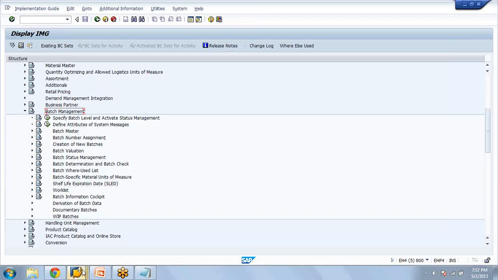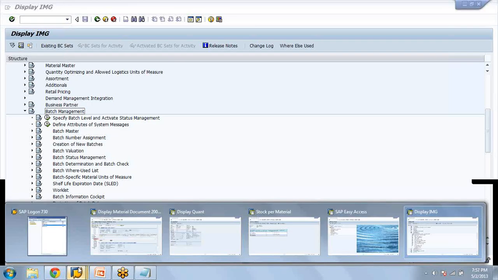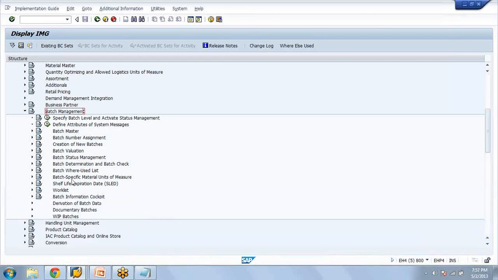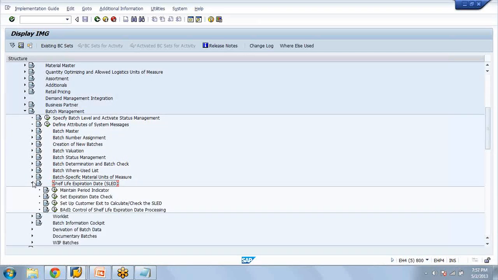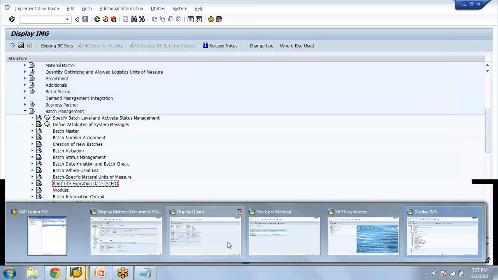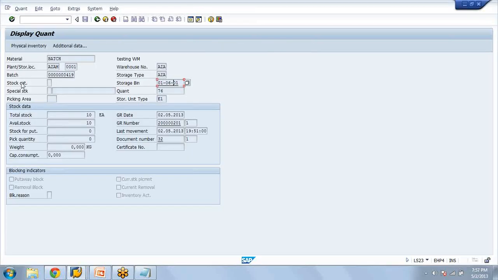Okay, and the SLED and all is coming under batch management only, right? Which one? SLED, shelf life expiry date. This is different. SLED is again one of the quant characteristics. For this, you maintain the master data. When you maintain this master data, a new tab will appear with the shelf life information.